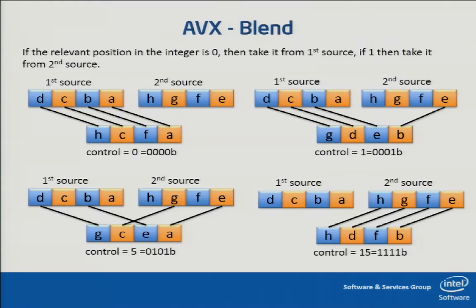If you take the first and the third, and we read this from the end, of course, because that is how you read it, and you see the vectors are also ordered in this way, you take the first value from the second and the third value from the second, and all the others from the first source. So you can mix two vectors. Basically, you can decide which parts you want to have.